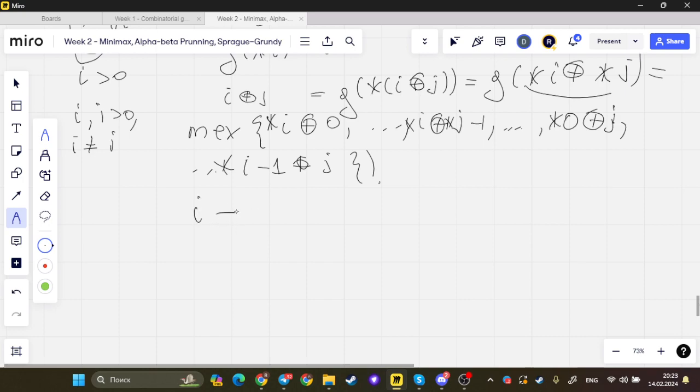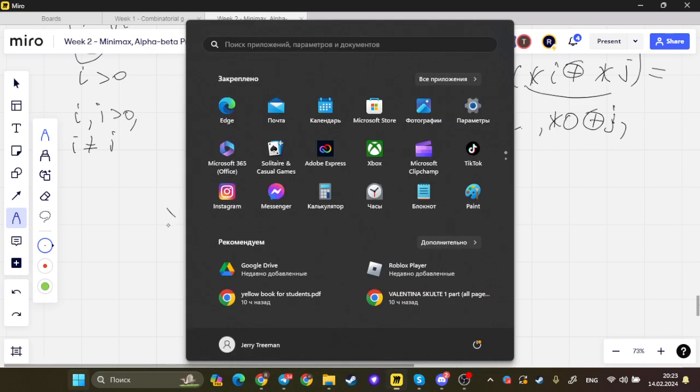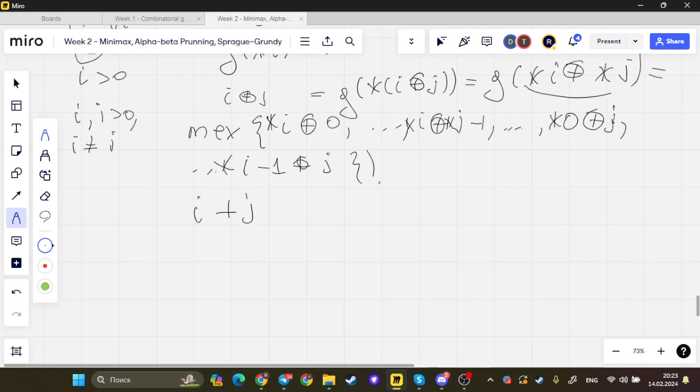We suppose that we have already proved this fact for E plus G less than this. One second, I forgot.